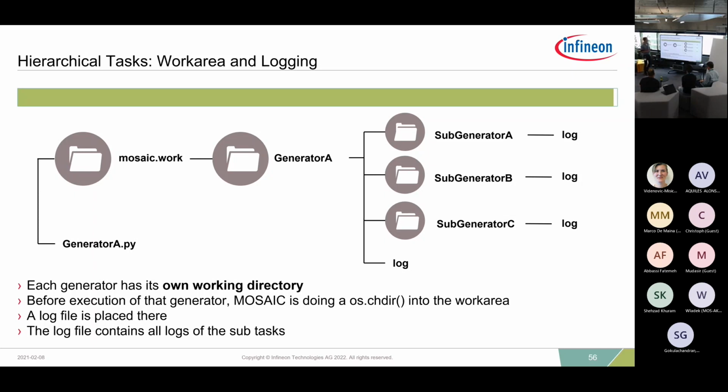So when you have, for example, generator_a.py here, next to it you will find a directory, mosaic.work, I call it just like that. Inside of it, you will find generator A. And when you run this one, it will actually do a change dir into this directory. So whatever file you create will be inside of here.